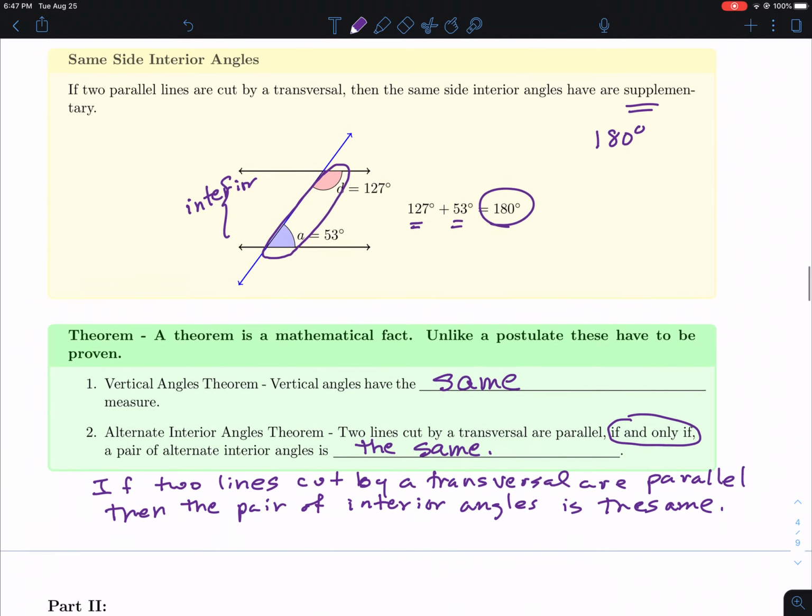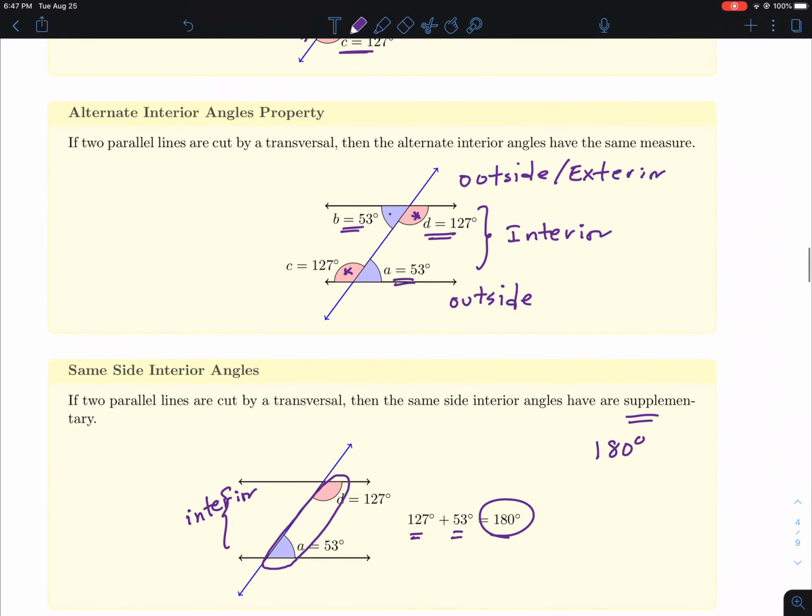Which, if you remember, is pretty much exactly what the alternate interior angles property is. So basically these properties that I showed you are also theorems, is another way to think about it.